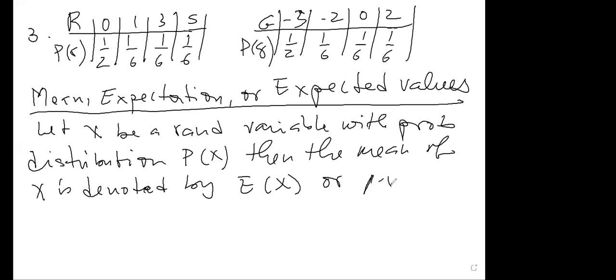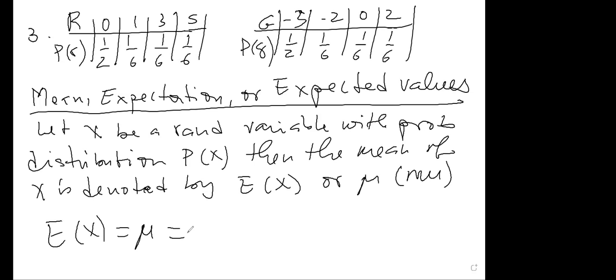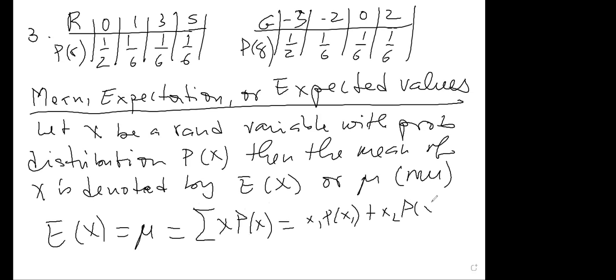You remember mu, the population mean. And it is defined as E of X equals mu equals the sum of X times P of X, which is equal to X1 times P of X1 plus X2 times P of X2 plus X3 times P of X3, and so on.